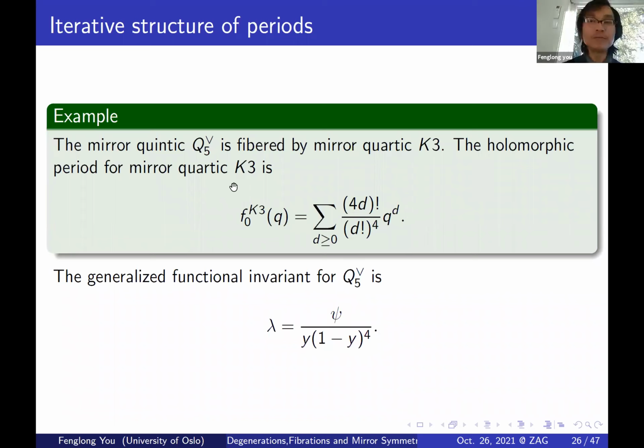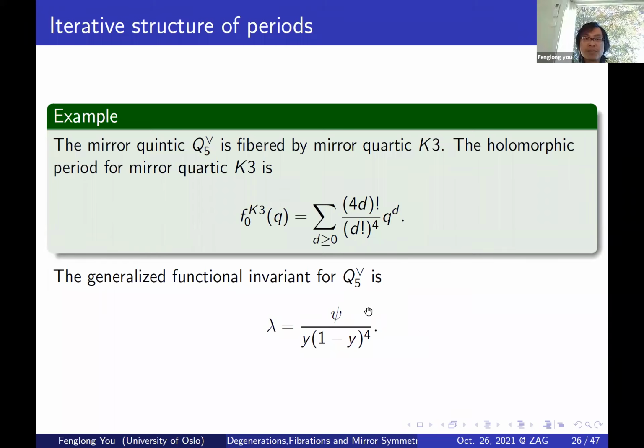Again, from the quintic case, the mirror quintic Q phi check is fibered by mirror quartic K3, and the holomorphic period for the mirror quartic K3 is an explicit hypergeometric series that looks like this: the sum over d greater or equal to 0 of (4d)! over (d!)^4 q^d.